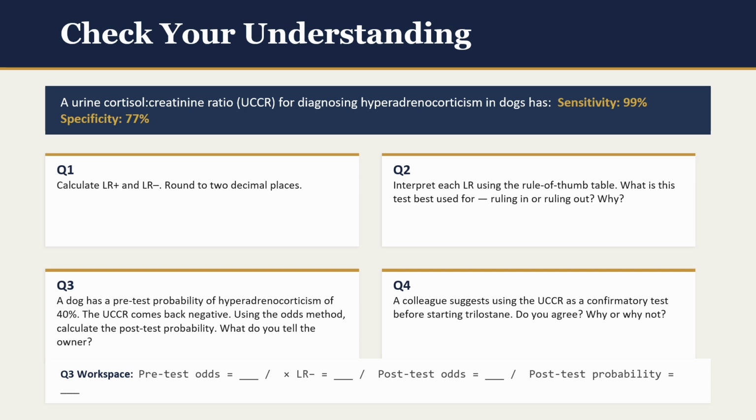A confirmatory test with high specificity, such as the low-dose dexamethasone suppression test or ACTH stimulation test, should be used before starting treatment. This illustrates SpPIn in practice. You need a specific test to rule in disease before committing to a high-stakes treatment decision.